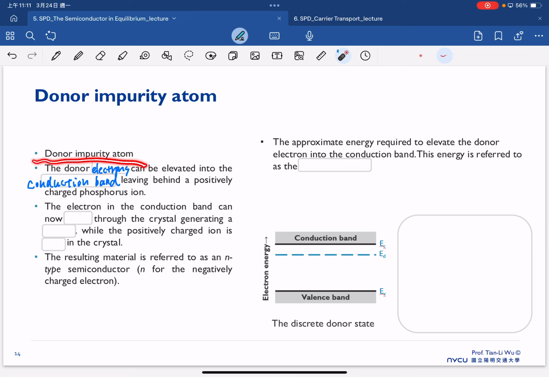But also remember that once we put in a donor, we have to consider the energy level of the donor. So we can reconsider the behavior of the donor atom as a donor energy level inside the Venn diagram, which is here.